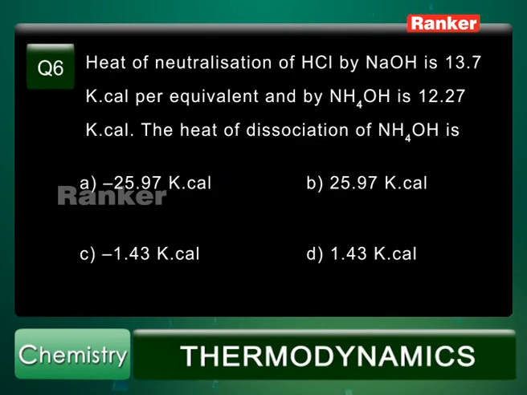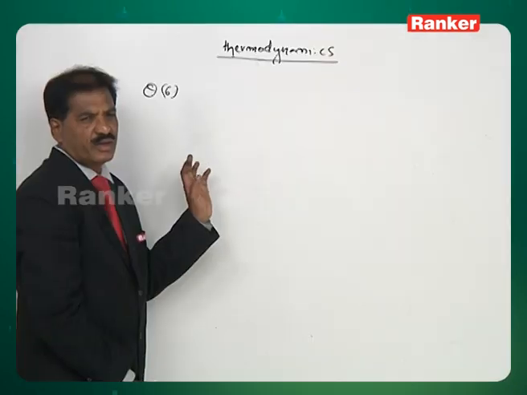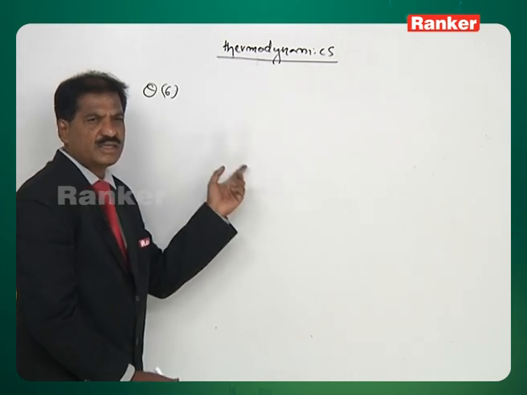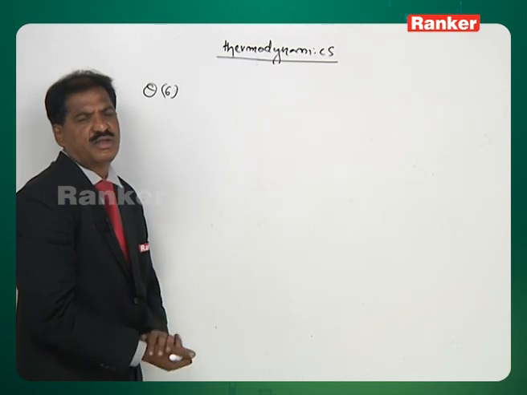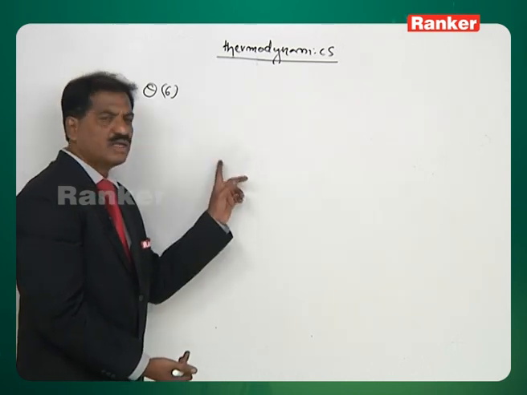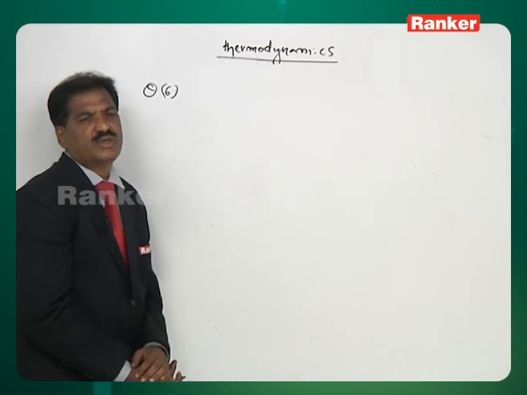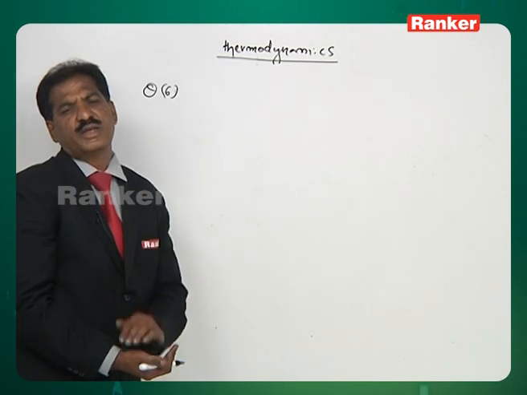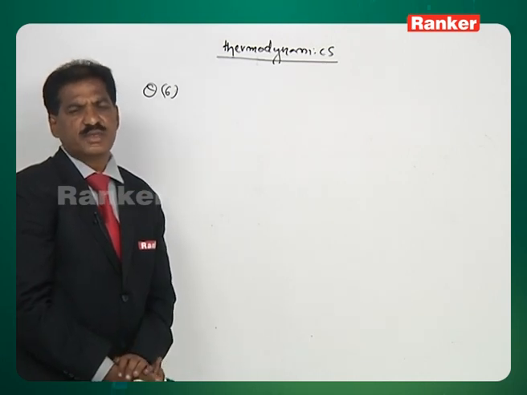Question number 6. In a given problem, if the heat of neutralization of a strong acid and strong base is given, and the heat of neutralization of a weak acid or weak base is also given, first compare the numerical values. Whenever a weak acid or weak base participates, the heat liberated will usually be less compared to when a strong acid or strong base participates.